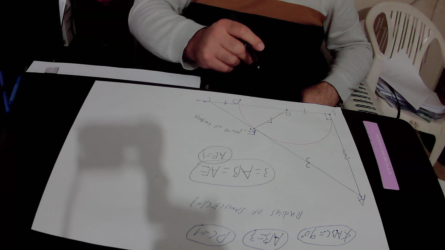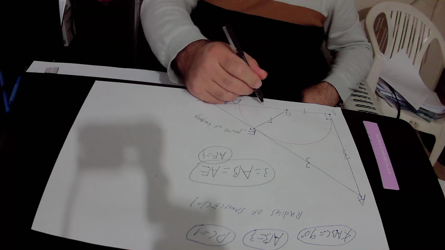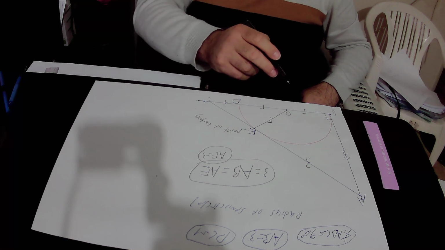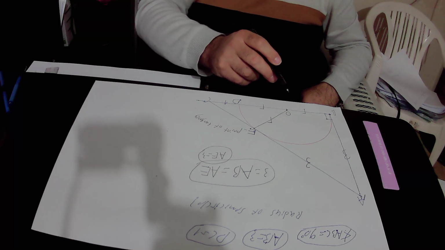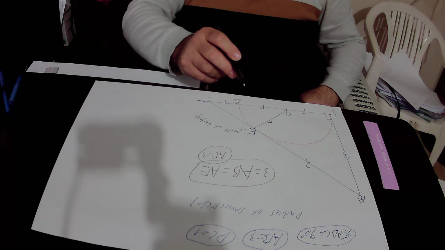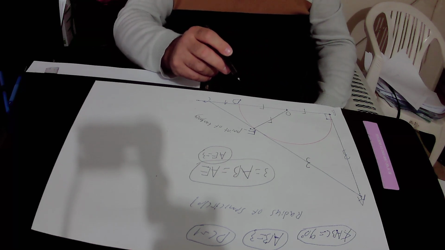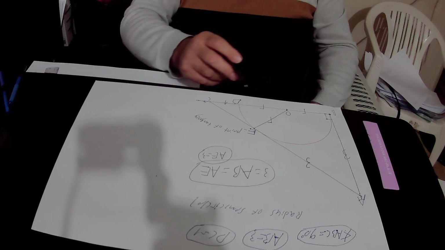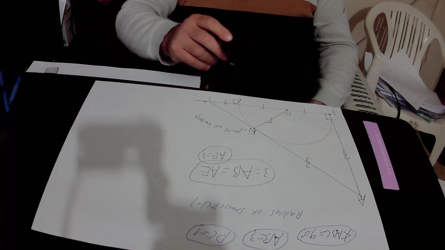Likewise, DO is also the radius of this semicircle because it starts from the center of the semicircle, point O, and ends at point D, that is a point on the semicircle itself. Therefore, line segment DO is the radius of this semicircle.